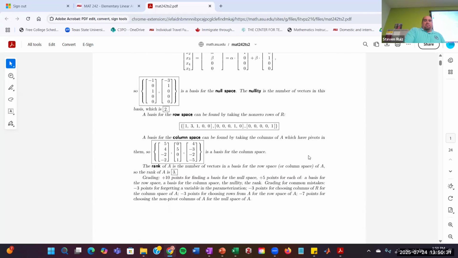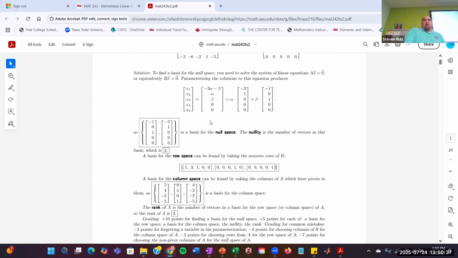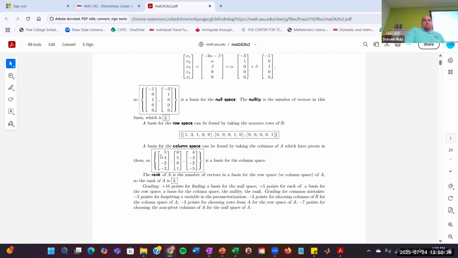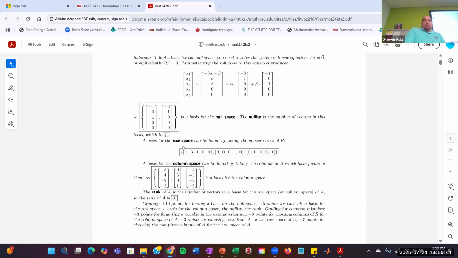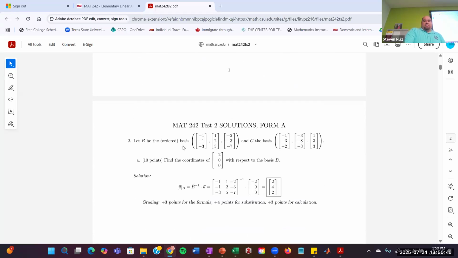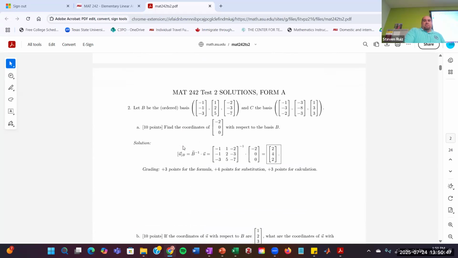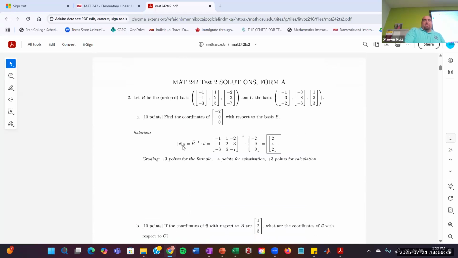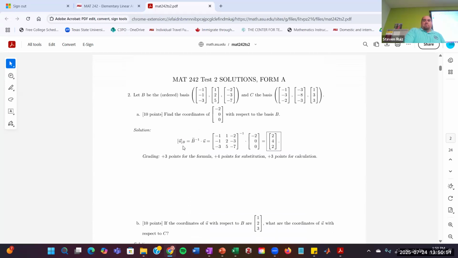They kind of walk through how to find these things. So the basis that I'm guessing the coordinator wrote here is from R. The column space is from A. How to get from one basis to another.